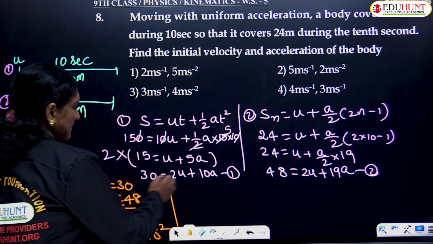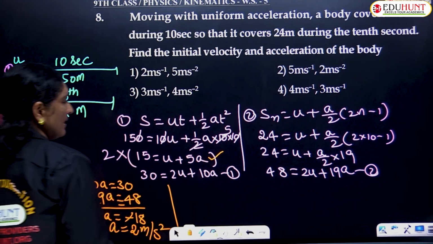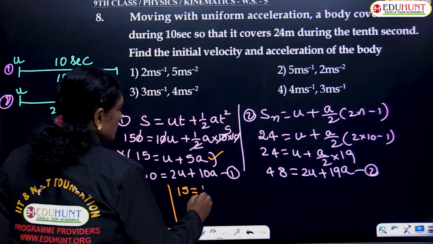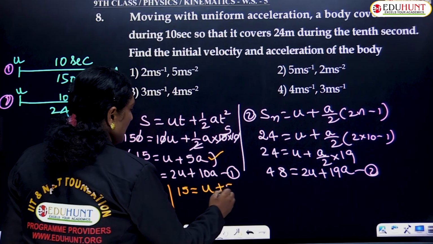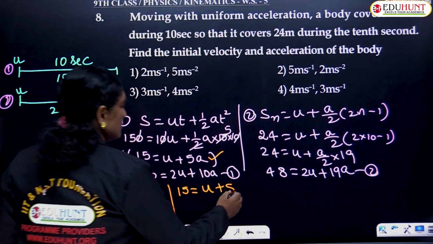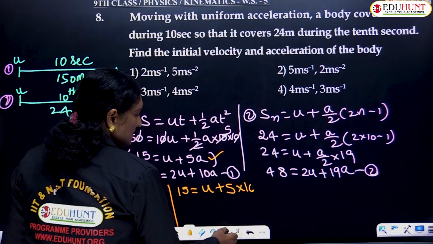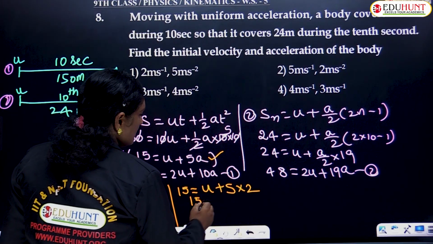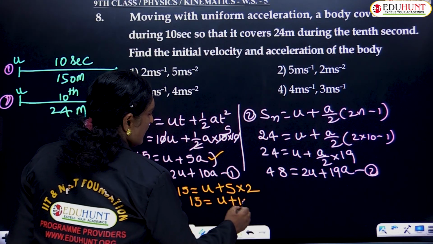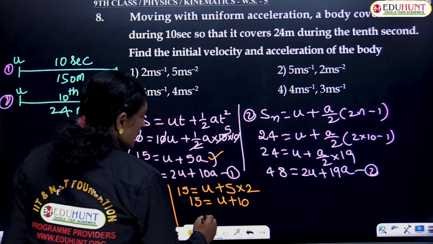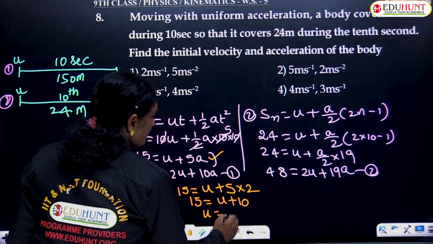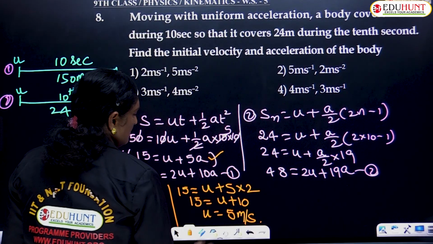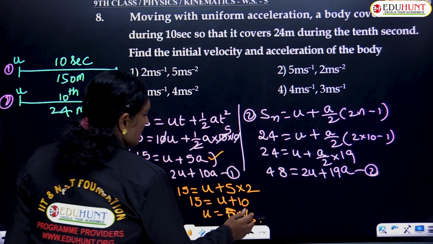Let me take the equation before multiplying with 2. 15 equals u plus 5a, and a was found to be 2, so 5 times 2 is 10. So 15 equals u plus 10, or bring the 10 to the other side, then u becomes 15 minus 10, that is 5 meter per second. Okay children, so u was found to be how much?